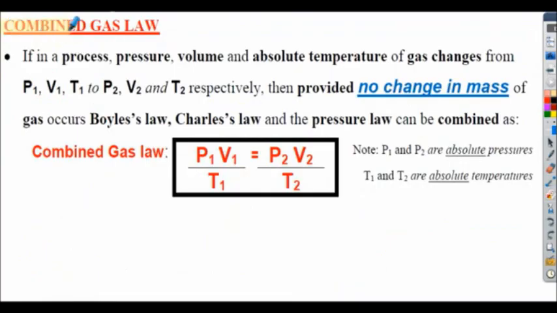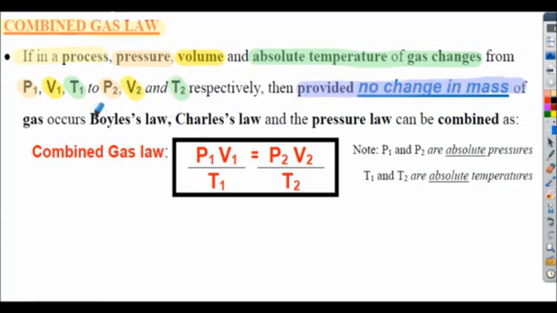Let's now consider the combined gas law. So if in a process, the pressure, volume, and absolute temperature of the gas changes from P1, V1, T1 to P2, V2, and T2, then provided no change in mass of the gas occurs, Boyle's law, Charles' law, and the pressure law can be combined as shown here.